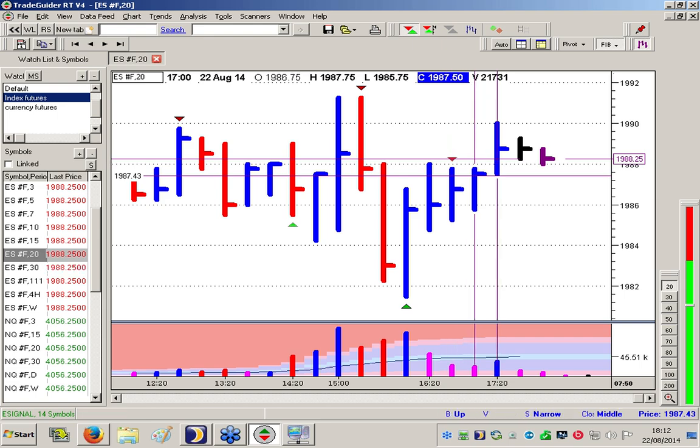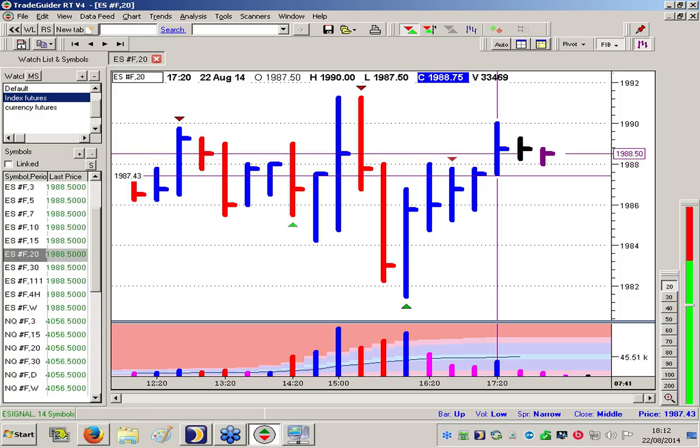But right now, if you see a test of this market somewhere in the next hour or so, you're going to get higher prices. A test is a down bar, a red down bar.